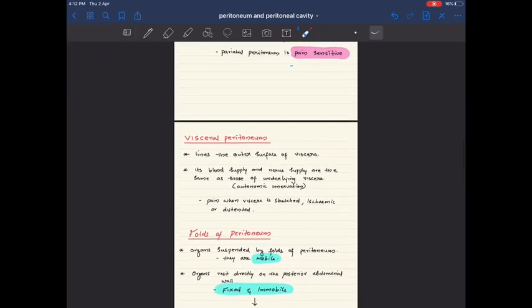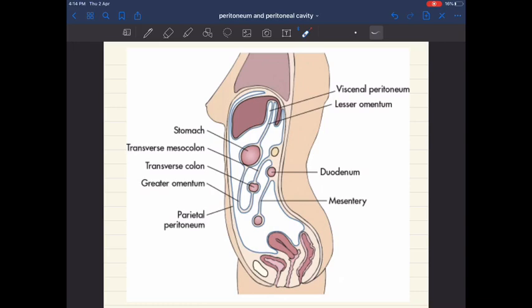Okay, so let's discuss this diagram. Okay, what you can see, this blue line is your parietal peritoneum. Okay, this blue line covering an organ is your visceral peritoneum. Okay, so this is parietal peritoneum, this is visceral peritoneum. Can you see this?